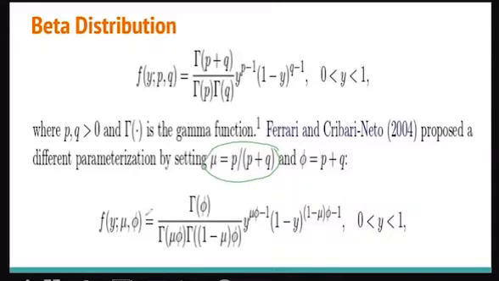With that, I have a parameterization of a beta distribution. Without this parameterization, it may be difficult for us to incorporate that into regression modeling. So that is just the statistical architecture of that.